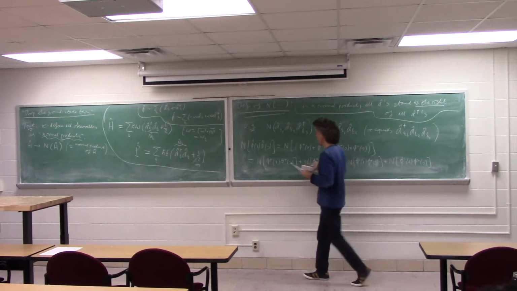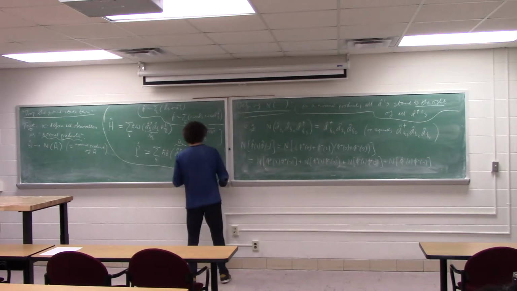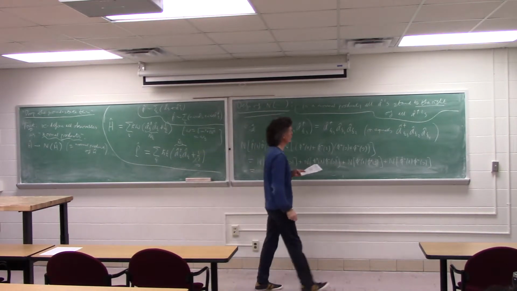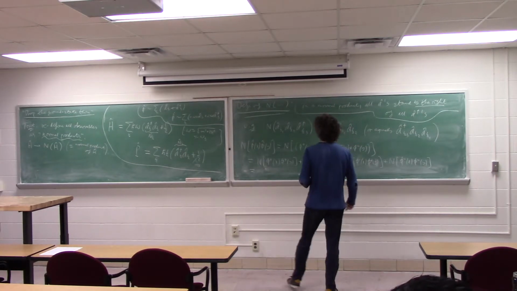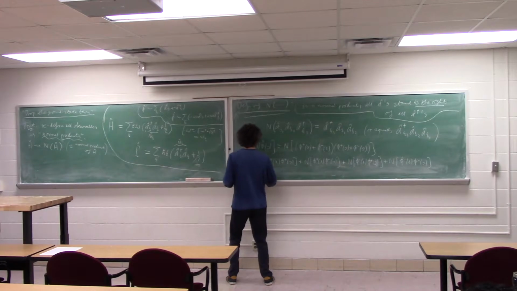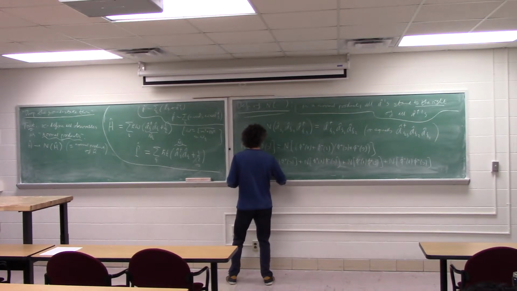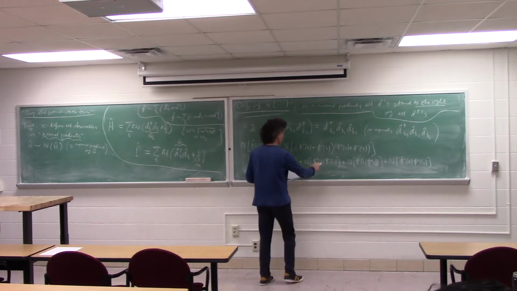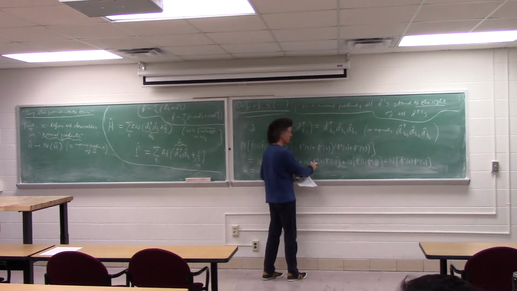And what is this? Remember the normal product: we put all annihilation operators to the right. This contains only annihilation operators, so this is unchanged. In this term, the annihilation operators are on the left. To put them on the right, I have to swap these two terms.